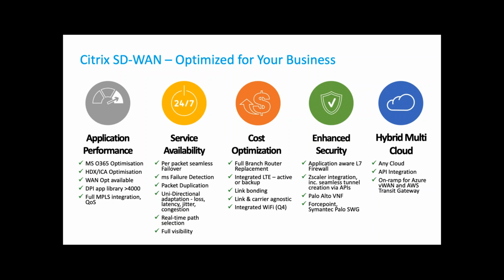And with the hybrid multi-cloud capabilities that we have, as with anything Citrix, we're not bound by any vendor or technology. We'll allow you to deploy these devices physically. We can do them virtually, so you can put them in any hybrid or public cloud where your workload might be standing. And with that, I'll pass back to May so we can have a couple of minutes for some questions and answers.